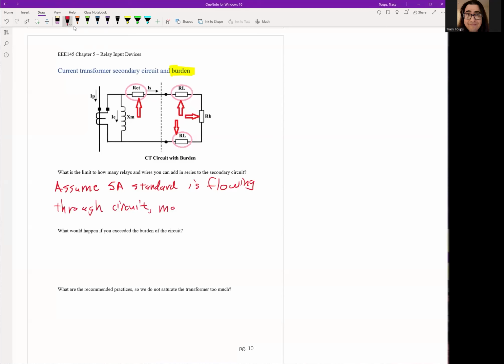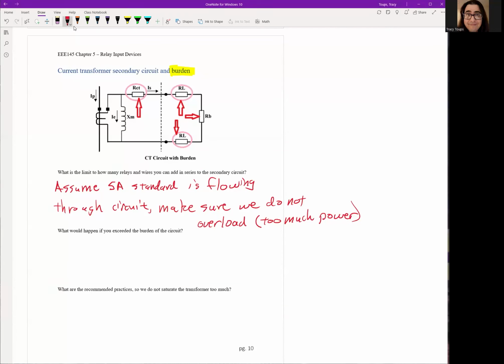What I mean by overload is too much power. There's only a certain amount of power that the CT can output before it stops working. So we just need to make sure we don't have too much wire length, and we don't have too many relays attached to the circuit that we bog down the CT.